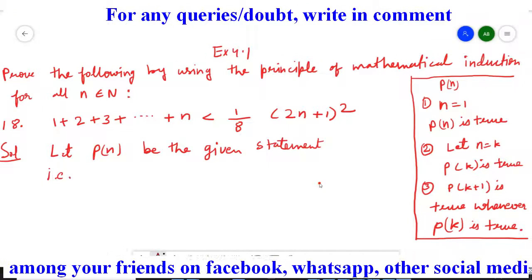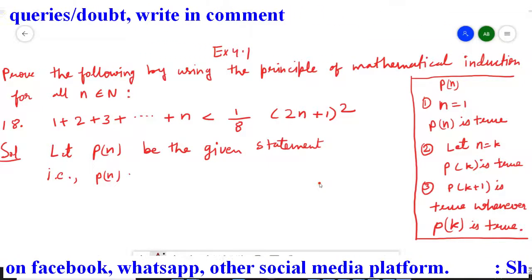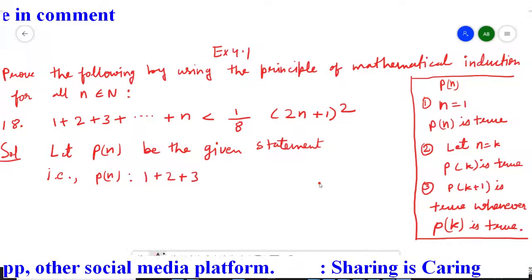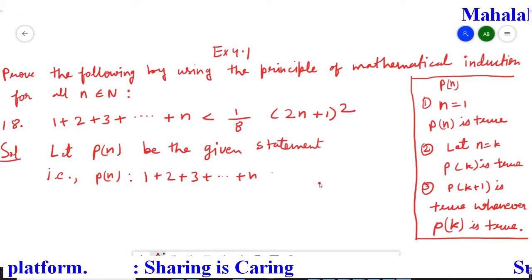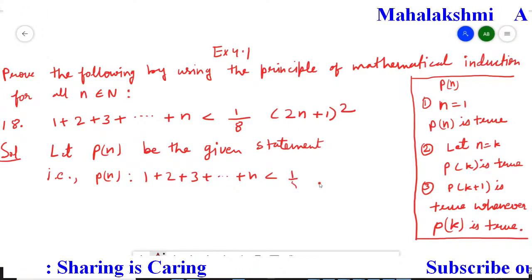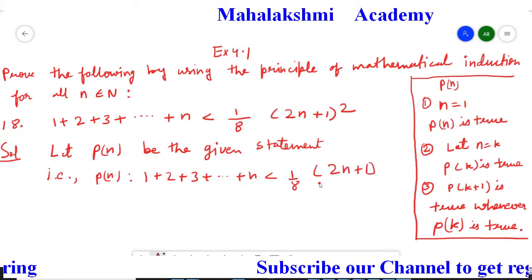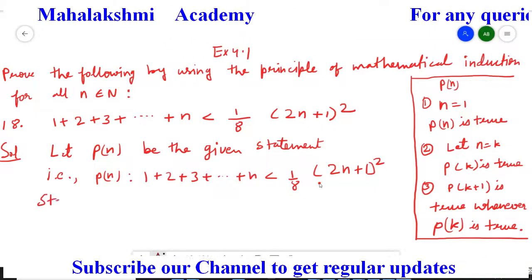That is, whatever the statement is, we write it here: 1 plus 2 plus 3 plus, and it will move up to n, is less than 1 upon 8 multiplied by (2n plus 1) whole square. Now we are going to prove step 1.